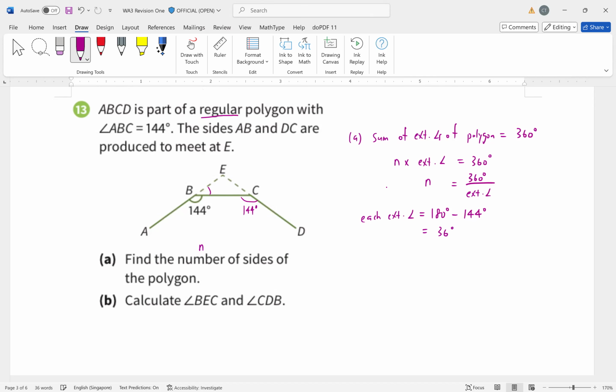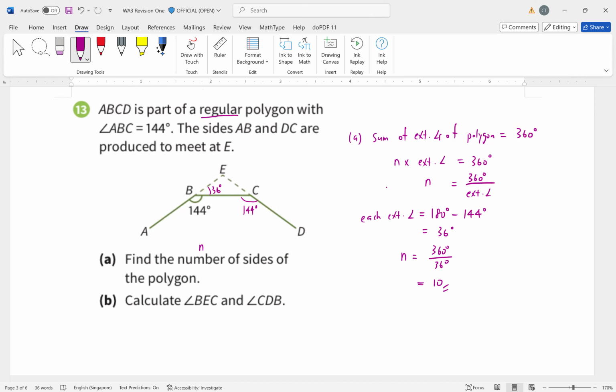Then we just take 360 divided by 36 and we will be able to get n. So n will be equal to 360 over 36 degrees, which gives you 10. So that is the easiest way: find the exterior angle first.